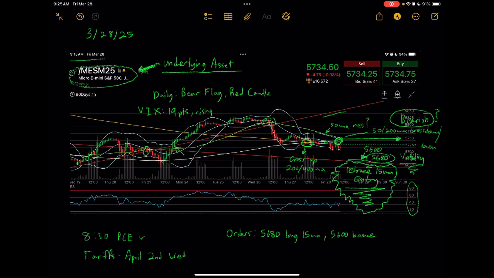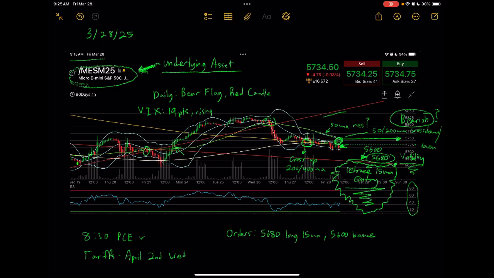If there's a 15-minute candle right here at this level, at this trend line, that is where I'm going to test it. But if it doesn't hold, 5,600 is the next level that I'm looking to bounce this off of. We are below the 400-day moving average right here. So that's a thing. But that's all I see on the hourly.